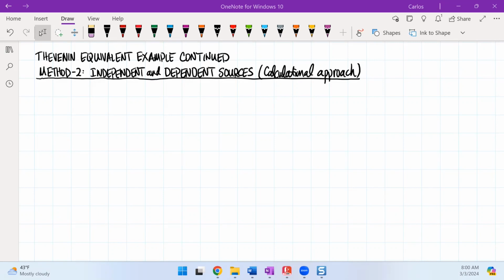Thevenin equivalent example continued. Method 2, independent and dependent sources, a calculational approach.